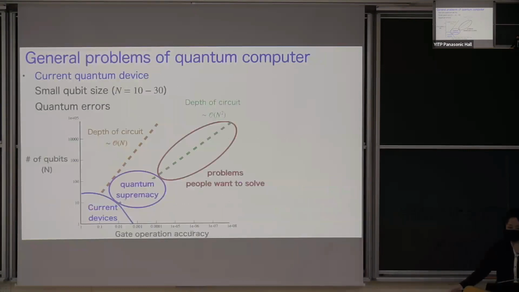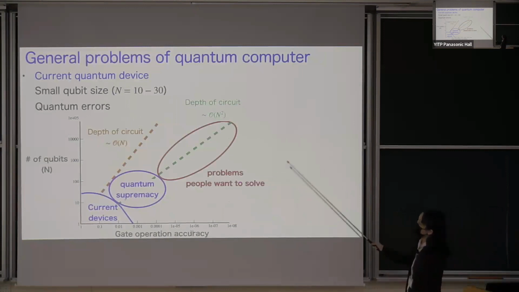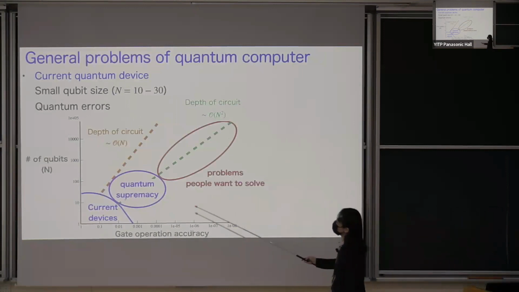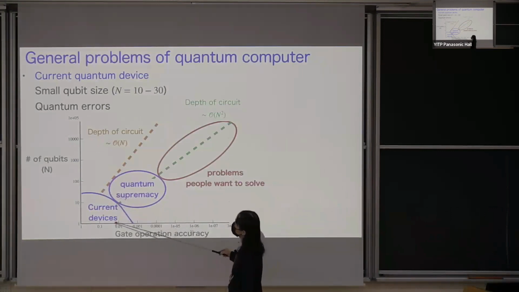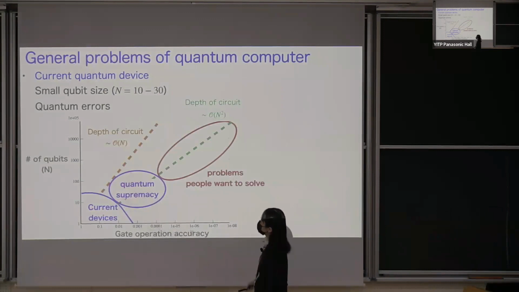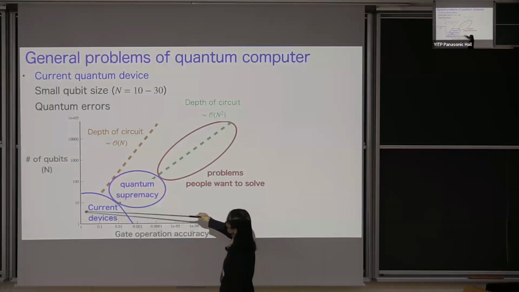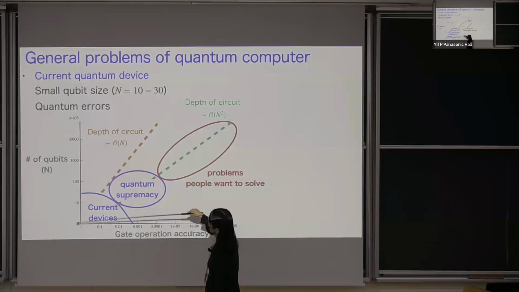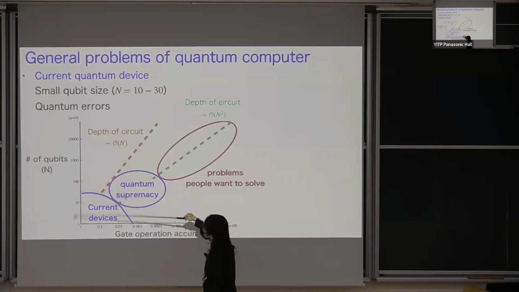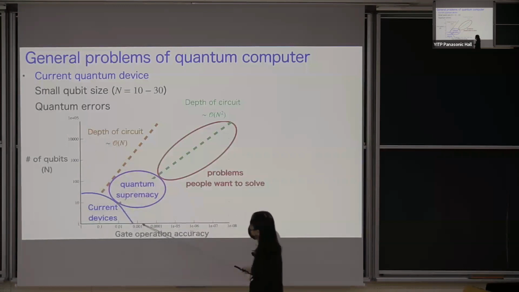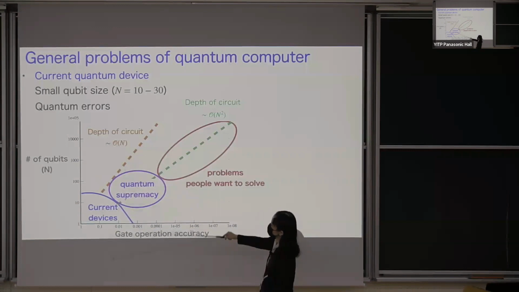Before showing our result, I must mention the general problem of the quantum computer. As you know, the current quantum devices have a small qubit size and suffer from quantum error. This is a schematic picture. The vertical axis is the number of qubits, and the horizontal axis is gate operation accuracy.